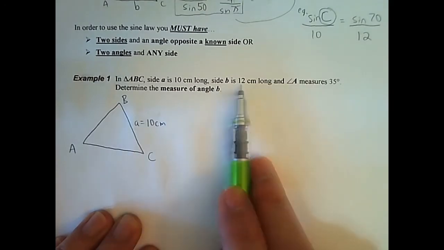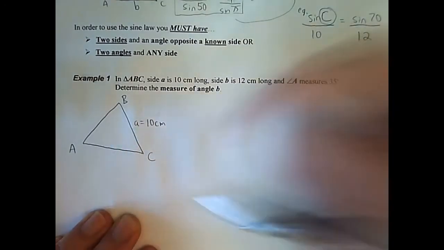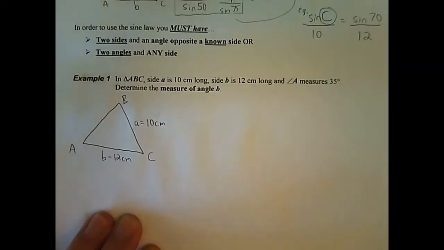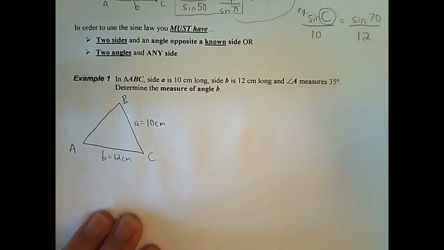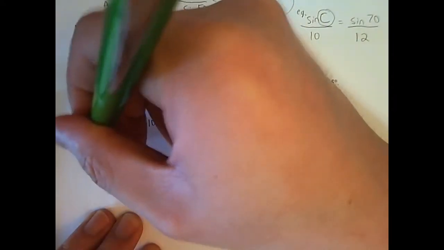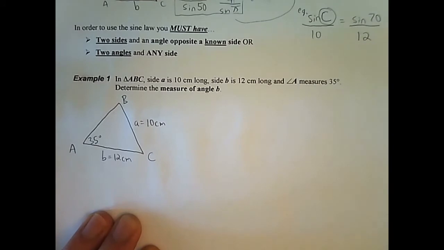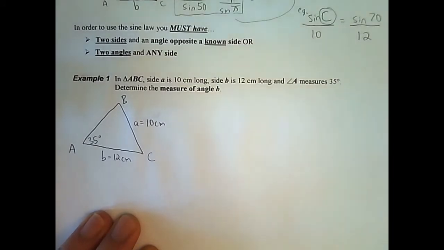Side b, which is opposite angle B, because it's lowercase, is 12 centimeters long. Angle A measures 35 degrees, and it says determine the measure of angle B. So I'm just going to show my mindset for doing this. We can skip some steps later on, but let's just see how we would approach this question.